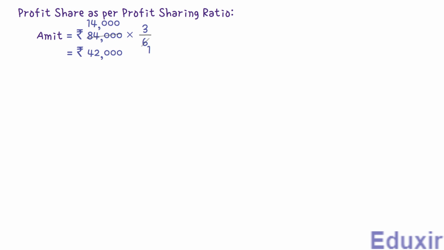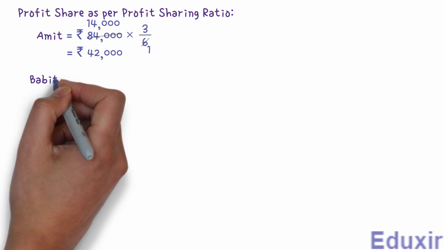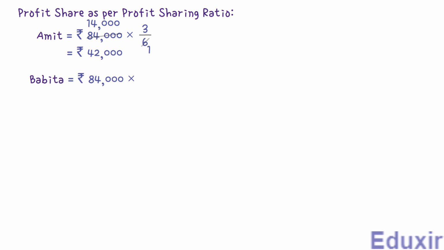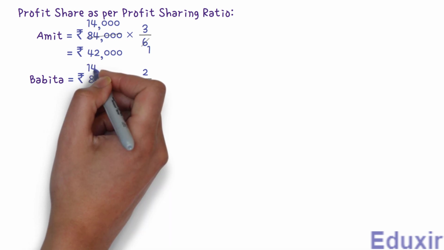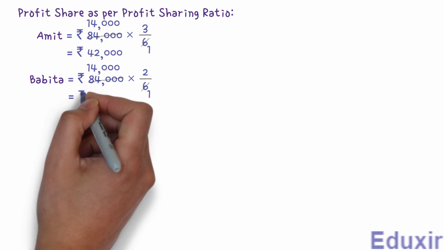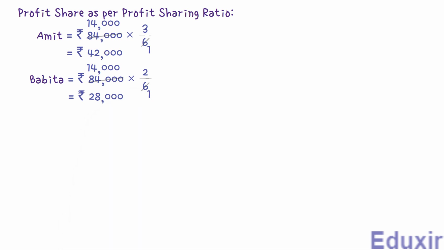Now, the profit share of the partner Babita is equal to the total distributable profit amount of 84,000 rupees multiplied with her profit sharing ratio 2/6. Cancelling with 6, 6 ones are 6, 14,000 are. Now, if we multiply the remaining 14,000 rupees and 2, we get 28,000 rupees. This is the share of profit for the partner Babita.